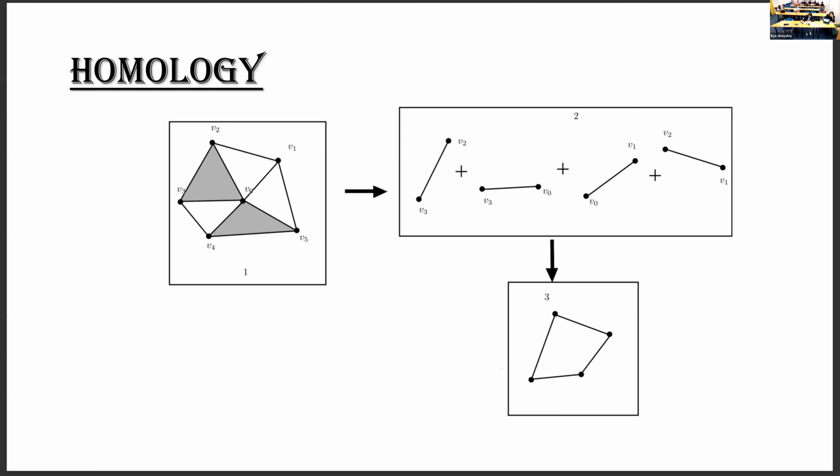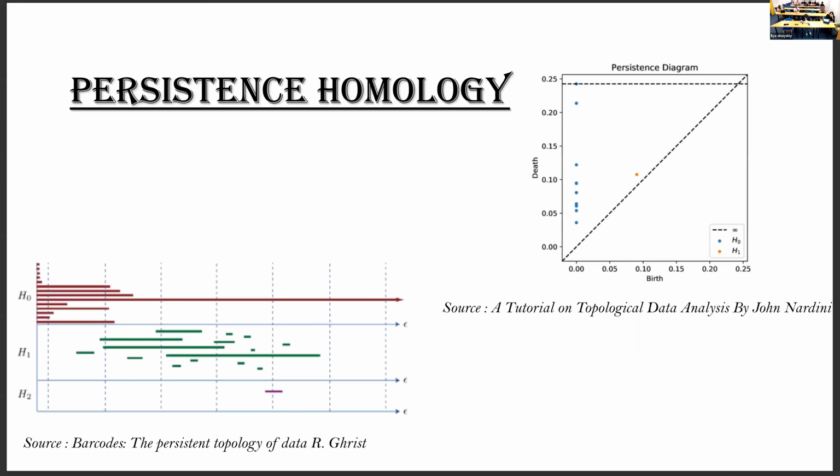But the algebraic definition of homology describes a consistent definition of higher dimensional holes. And homology groups count the different dimensional holes. You get different homology groups for varying dimensions. So homology in the context of a filtration is called persistent homology.